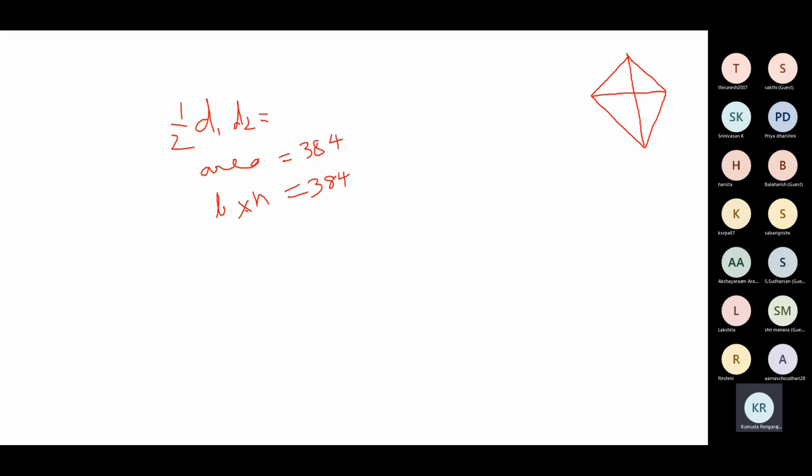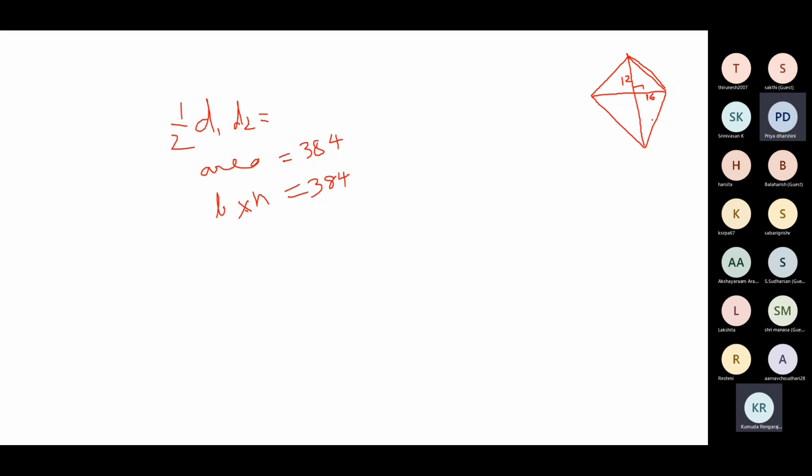Now the base can be found using Pythagoras theorem. One diagonal measures how much? 24, so this part will be 12. And the other diagonal, what's the length of the other diagonal? 32, so this will be 16.